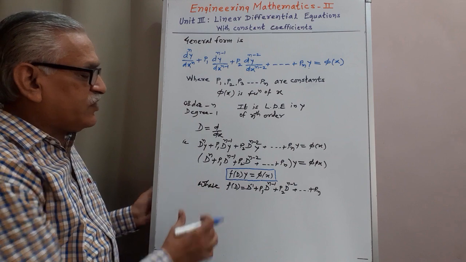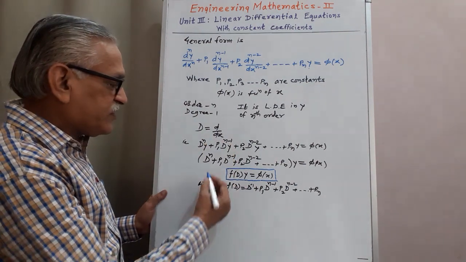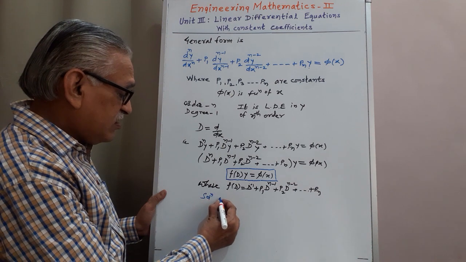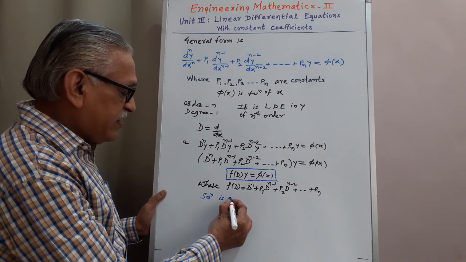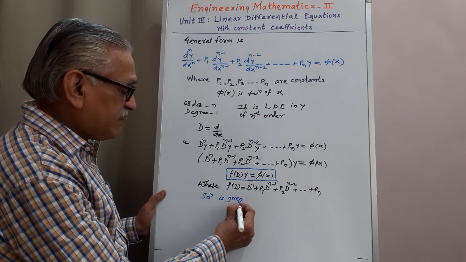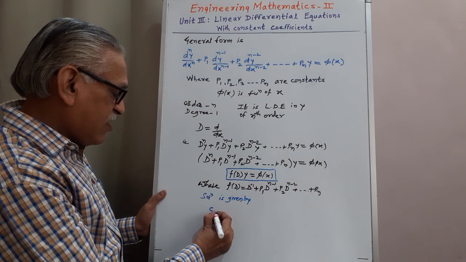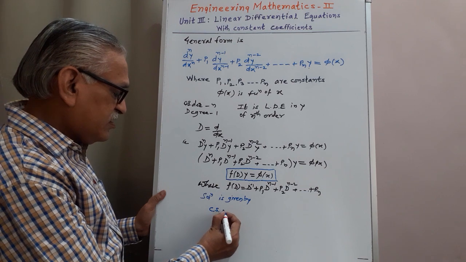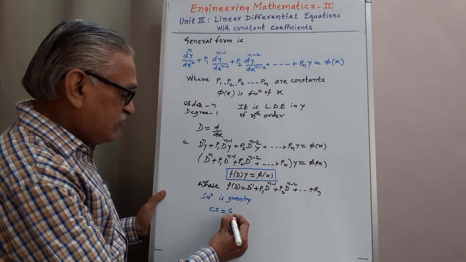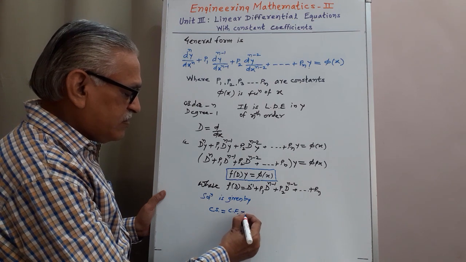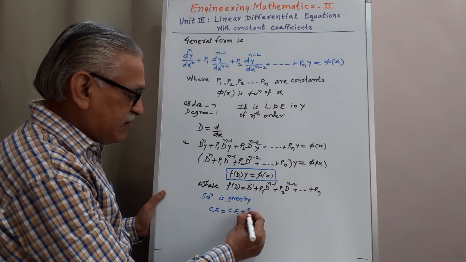Then we require to obtain the solution of this linear differential equation. The solution is given by what we are calling the complete solution, CS, equal to CF, complementary function, plus PI.